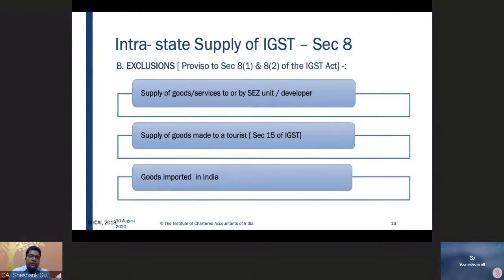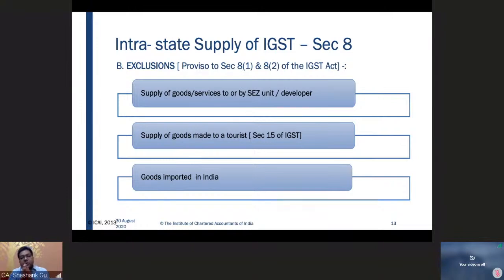Because when this tourist is about to travel back to his country, from the airport he can claim a refund of this IGST. Thus, two benefits. One is that the country and the business owners are earning foreign exchange.